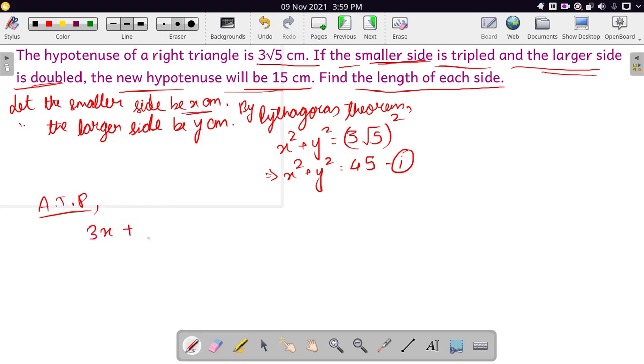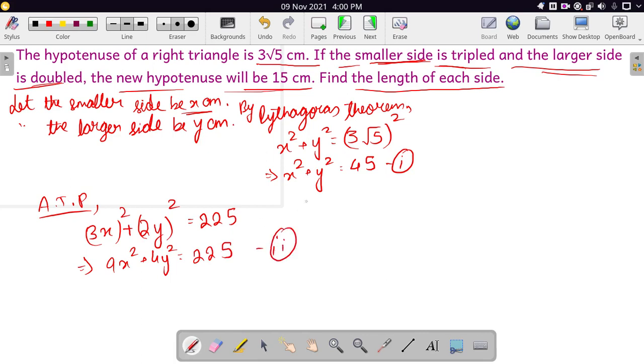Larger side is doubled, 2y whole square. Again applying Pythagoras theorem. This is equal to what? 15 square. 15 square is 225. Simple. Now this is what? This comes out to be 9x square plus 4y square is equal to 225. Okay, this is 225. So this is our equation number 2.